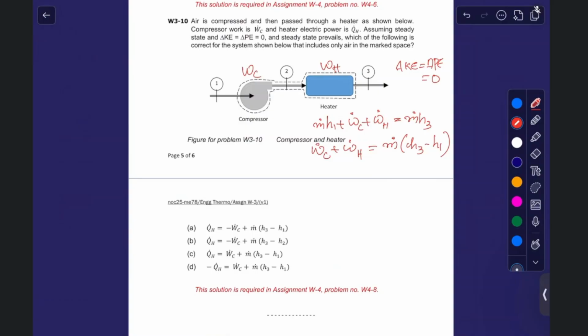Now we have to compare with the options. Option A: WH equal to minus WC plus M dot times H3 minus H1. This is the answer, right? So A is the correct answer.